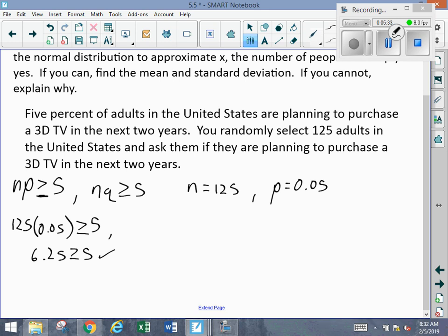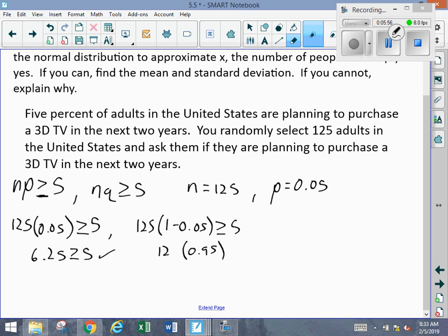Is it true that 125 times 1 minus 0.05 is greater than or equal to 5? Like, for sure, right? Talking about 95%. Oh, sorry, I don't know why I wrote 9 there.